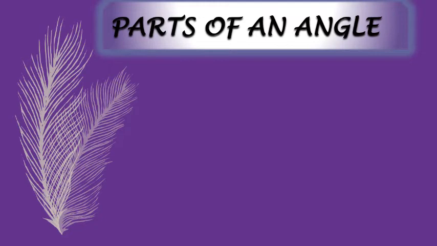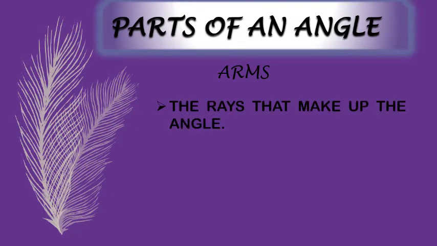Next we have arms. Now what do you mean by arms of an angle? The rays that make up the angle. The rays which are making an angle are called arms. Let's understand this with an example. This is a ray whose initial point is P and extended point is Q, and another ray from P to R. So you know P is the vertex of this angle.